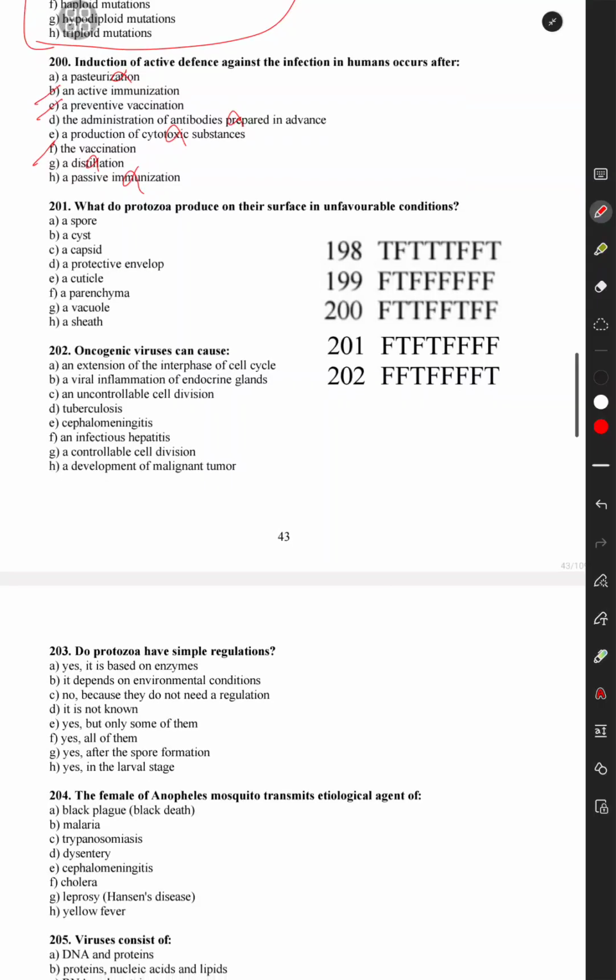What do protozoa produce on the surface in unfavorable conditions? Capsid, protective envelope. A cyst. Protozoa form a cyst.